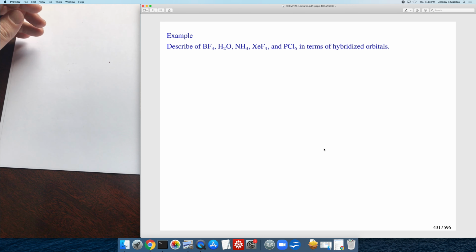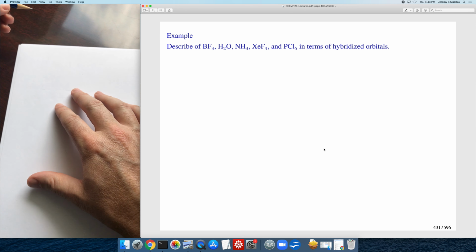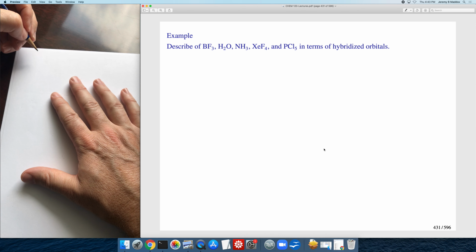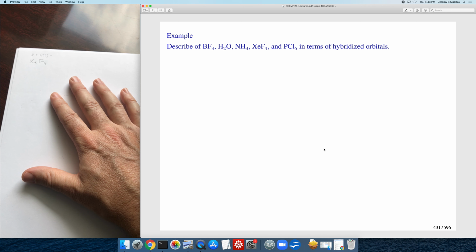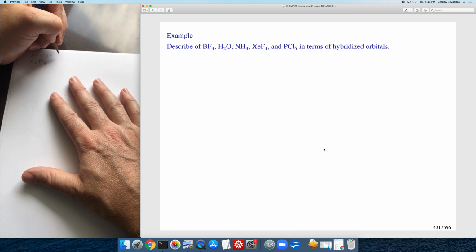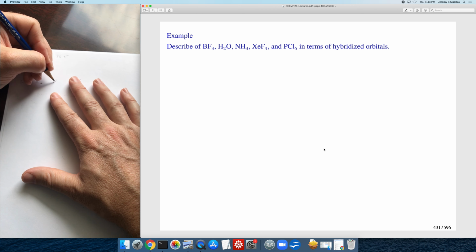The xenon tetrafluoride. I'm going to go ahead and take us through it just so I don't get the wrong VSEPR structure. So we've got 8 plus 4 times 7, 36 electrons. We'll draw xenon here in the middle, put our fluorines around.